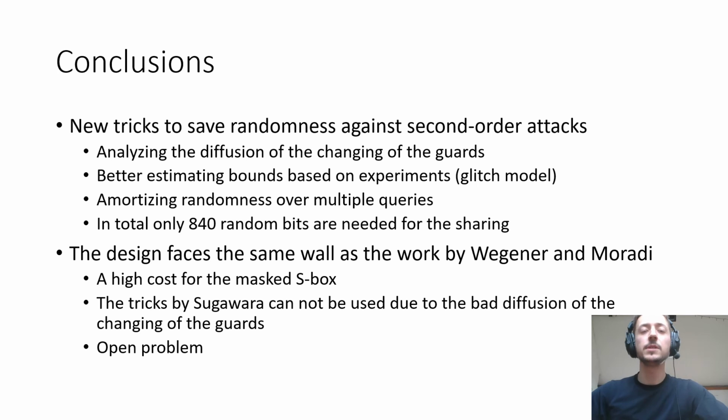For the final conclusions, what we did in this work is we looked at this theory from Bana et al. from AsiaCrypt 2020, and we looked at how we can use tricks to save on randomness, how we can try and share the AES such that it's not using much randomness in the second-order case, and we had to tackle the diffusion, the changing of the guards, changing the diffusion of our entire cipher, and how to overcome that by looking into what happens when one probe is able to see a lot of bits.